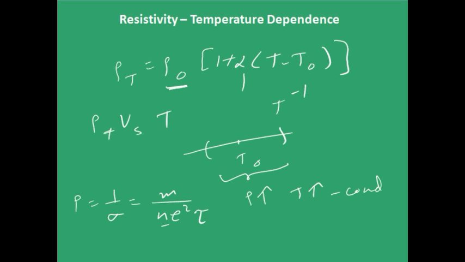Whereas in semiconductors or insulators, even there the tau decreases with the increase in temperature, but there the number of electrons per unit volume considerably increases with increase in temperature, and this increase compensates the decrease in tau. Hence totally I can say that the resistivity decreases with increase in temperature for semiconductors or insulators.